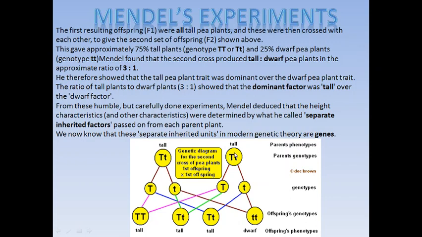At the time of fertilization, gametes were produced. There are two different types of gametes because their genotype is capital T and small t. So the gametes are capital T and small t, here also capital T, small t.